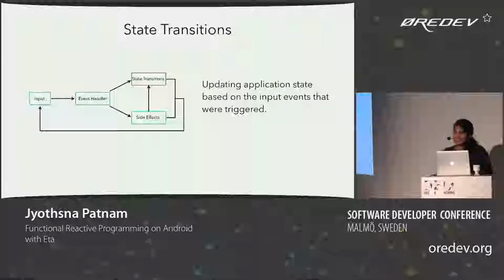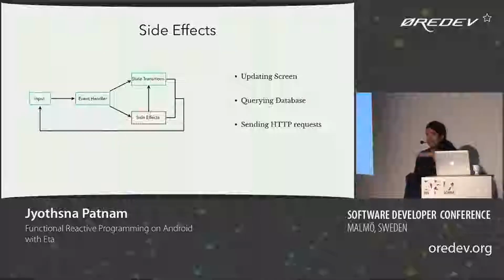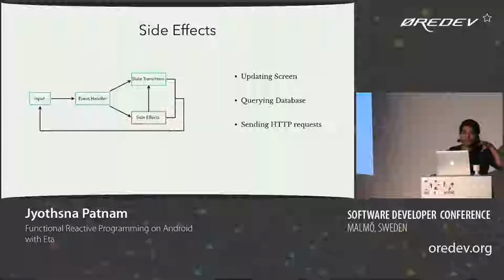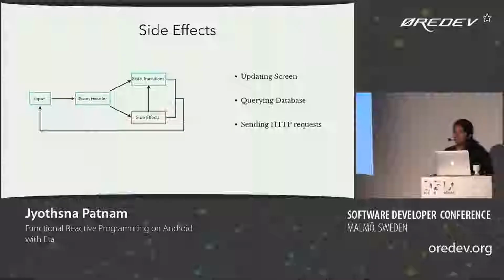We all know what side effects are, but let me break it down now. Side effects are those things which your application does not have direct control over. This can be requested only by the underlying operating system or the underlying framework. A few examples of side effects are drawing to the screen, acquiring a database, or sending HTTP requests.